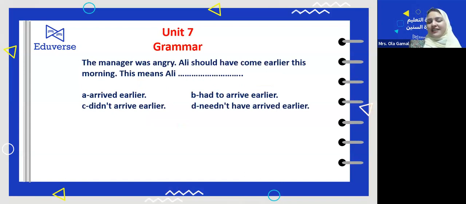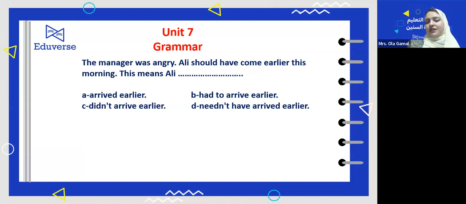The manager was angry. Ali should have come earlier this morning. This means Ali arrived earlier, or had to arrive earlier, or didn't arrive earlier, or needn't have arrived earlier. For answering any grammar question, I want you to stop and think first, read more than twice, and then start answering. Don't be in a hurry in grammar questions.